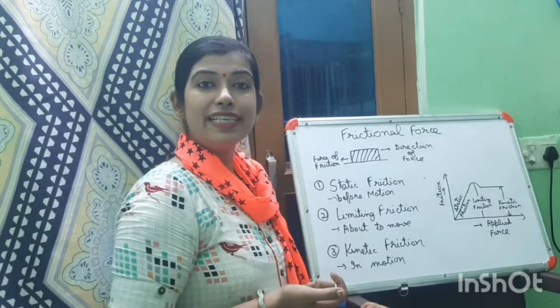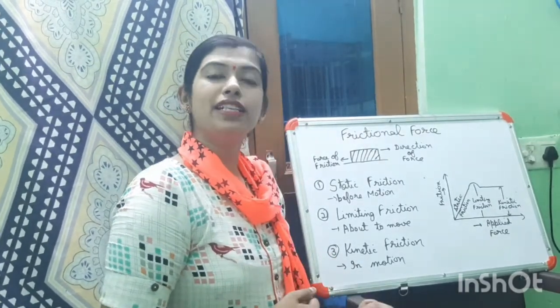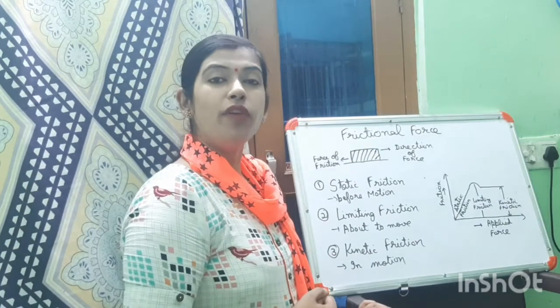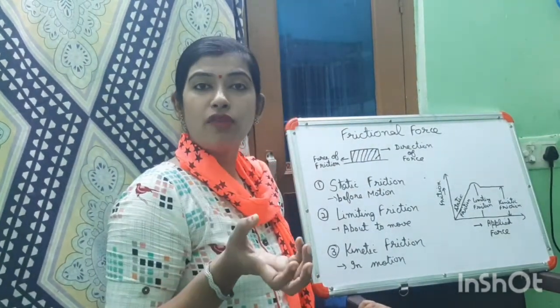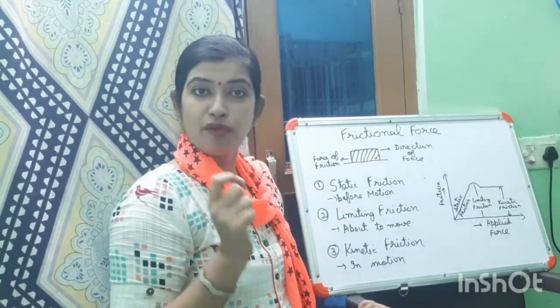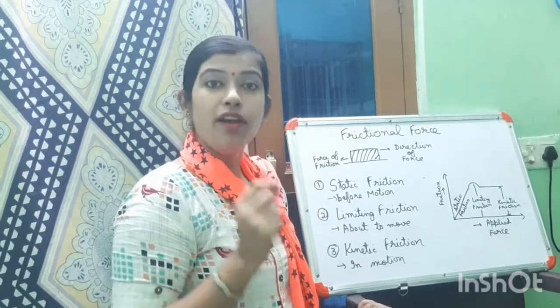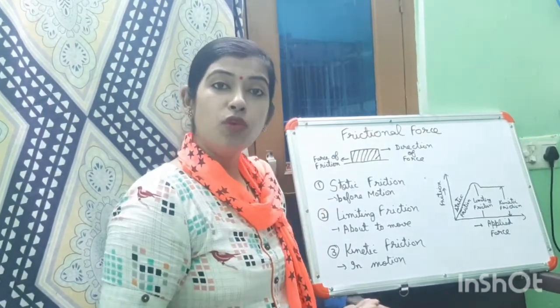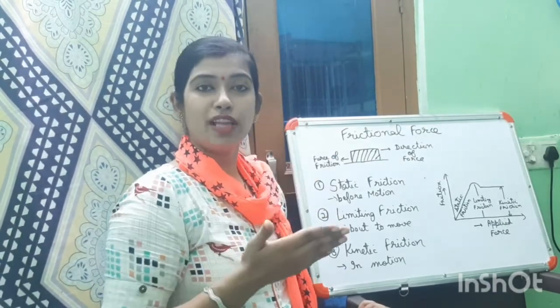Friends, after discussing the connected motions and the numericals on connected motion, now we are going to discuss the frictional force. First of all, I will tell you what is frictional force. Frictional force is a force which comes into play whenever a body moves or tends to move on the surface of another body.